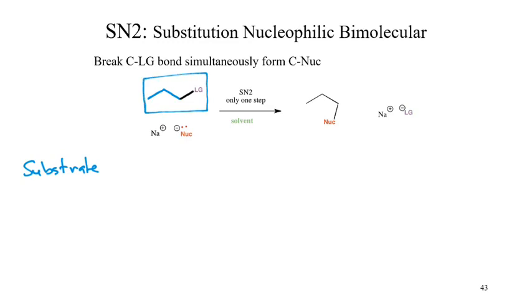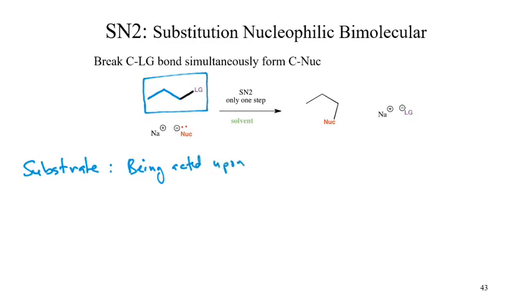The substrate is referencing everything that we're starting with, including the leaving group, our carbon structure. Which might be a bit of an overstatement, but it's the place where the leaving group is located. It is what is being acted upon, and we'll clarify that in a second. So this is being acted upon.